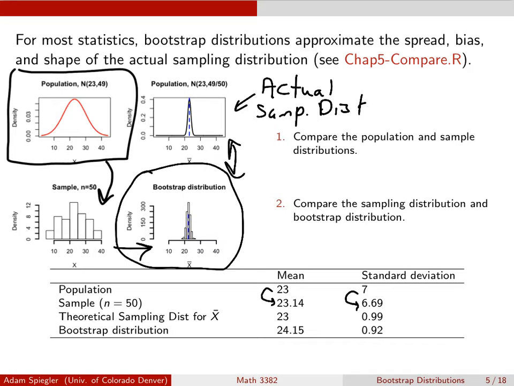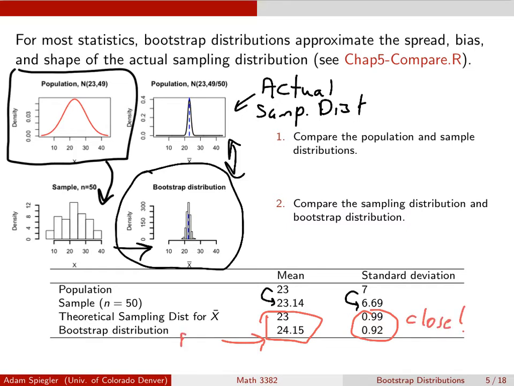Looking at the table, we can see that the means are off a little bit, and that my bootstrap distribution had a mean which was a little bit too big. Not drastically off, but a little bit off. However, looking at the spread, comparing the standard error of the sampling distribution to the standard error of the bootstrap distribution, we see that these are really, really close.